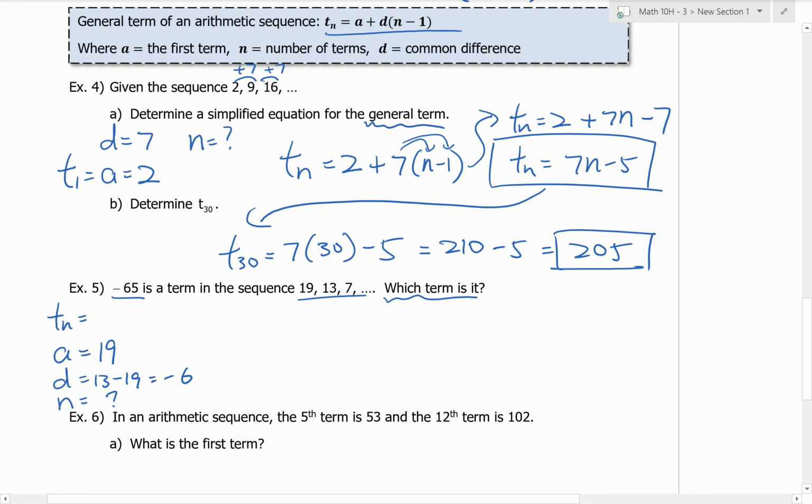From my past experience, a lot of people are a little bit confused about the difference between Tn and n. The difference being Tn is the value of the term, whereas n is which term it is, which number.